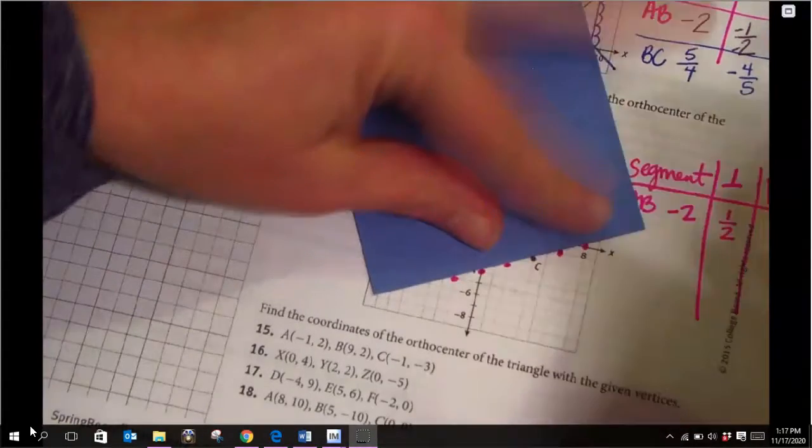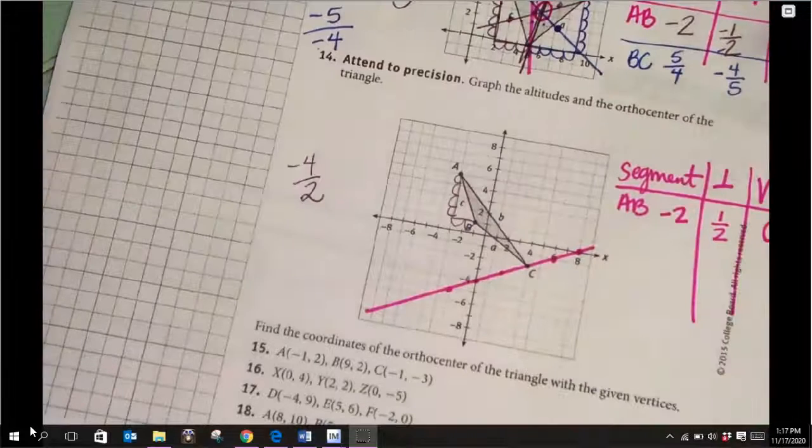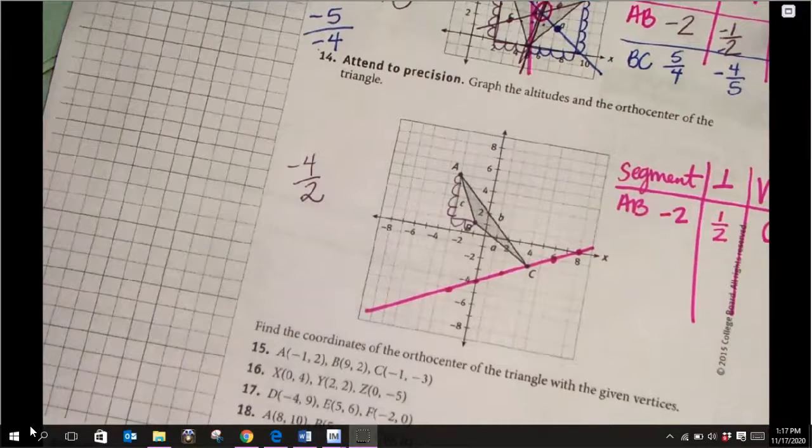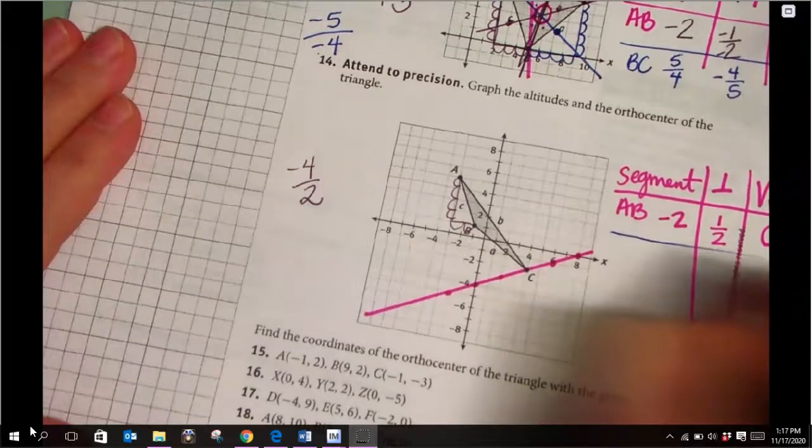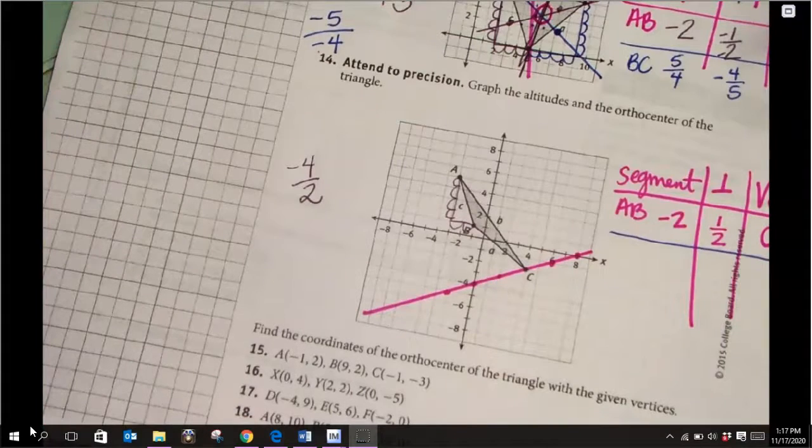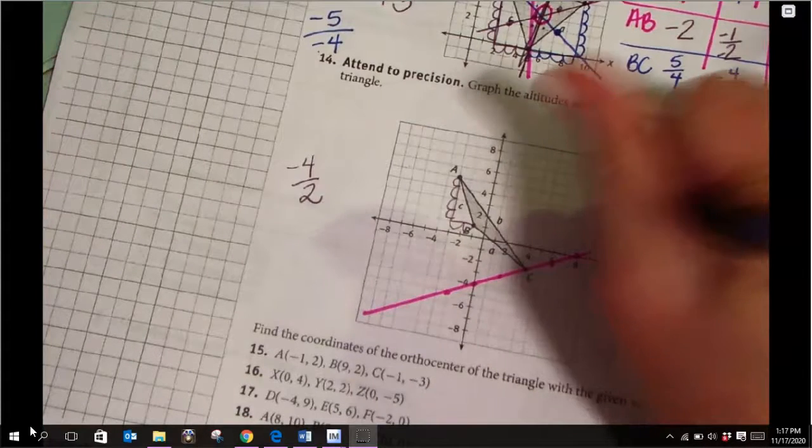So I don't know if you remember me telling you yesterday, but not all of these are going to intersect inside the triangle. Okay, and this one definitely looks like it's clearly not. Okay, the next segment that we're looking at, we'll just go BC.